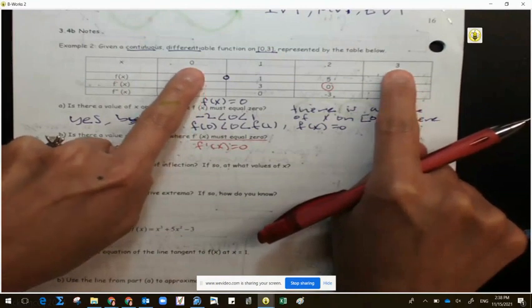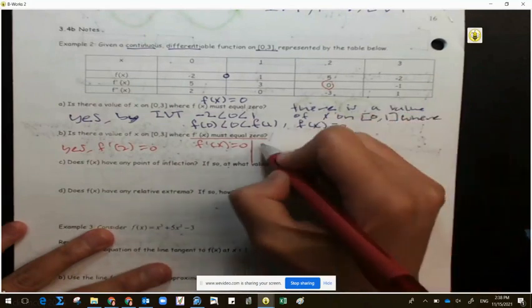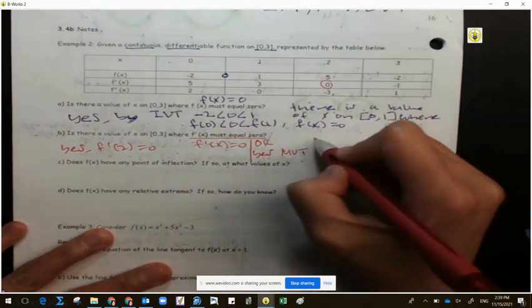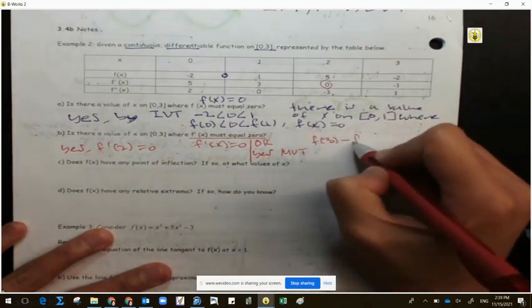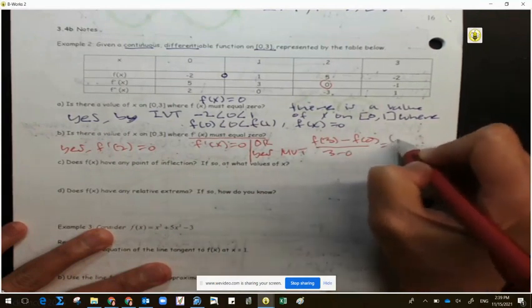Wouldn't that still give me 0? If you want to write this piece, go for it. This is extra. Or I could say yes, by the mean value theorem, f(3) minus f(0) over 3 minus 0, and specifically, negative 2 minus negative 2 over 3 is also 0.